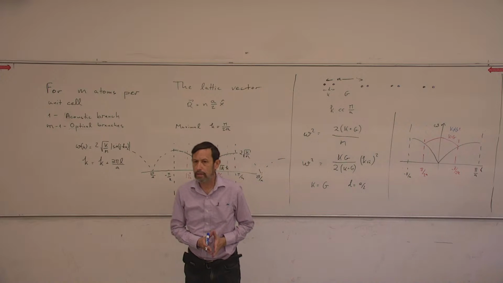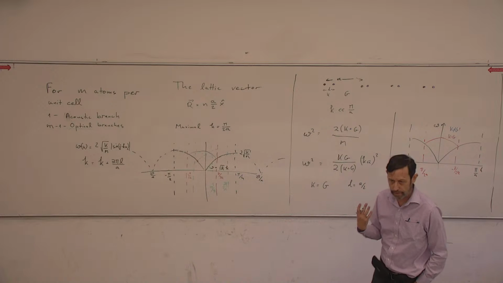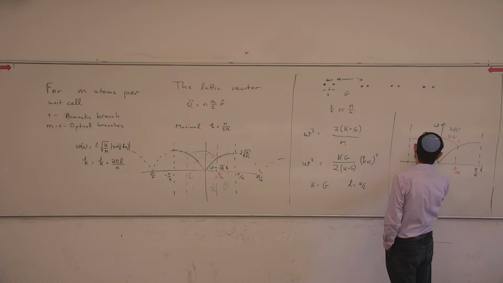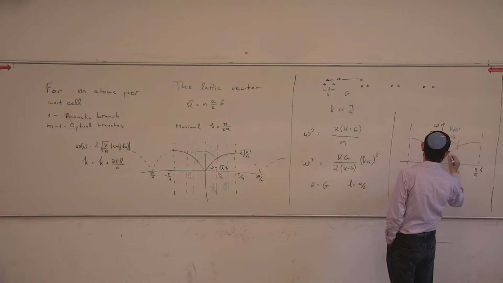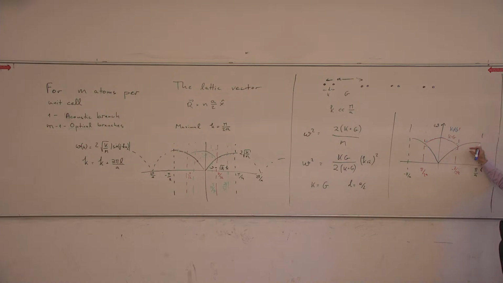We'll do the explicit calculation, but I want you to have a mental picture of the behavior before. We'll open a bit of a gap in the solutions, but essentially not much will change, especially not in the vicinity of k equals 0.